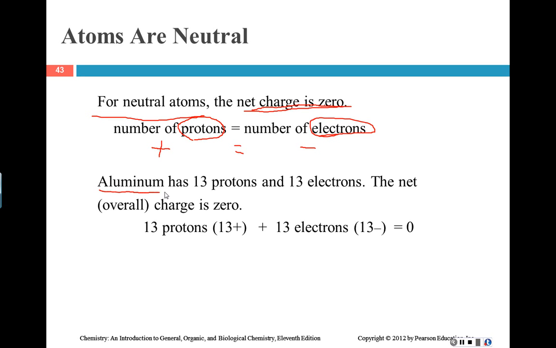So the atomic number for aluminum is 13. So that tells us it has 13 protons and 13 electrons. So the overall charge of an aluminum atom is 0 because you have 13 pluses and 13 minuses, okay?